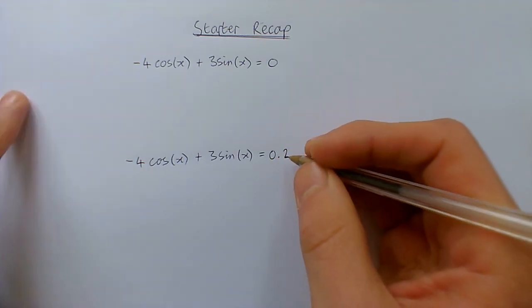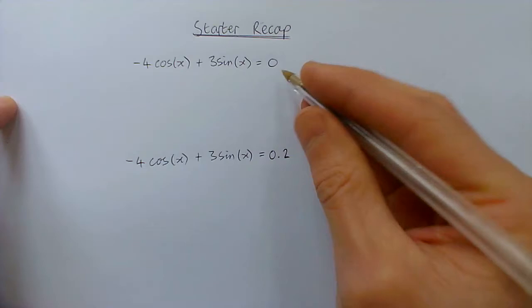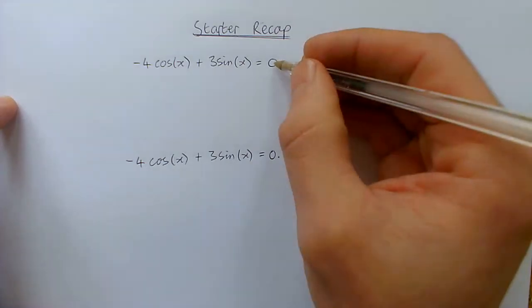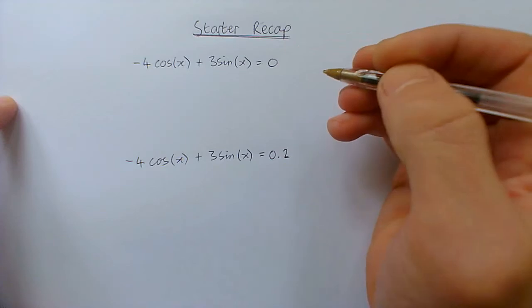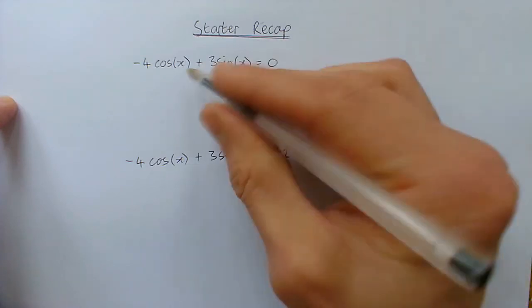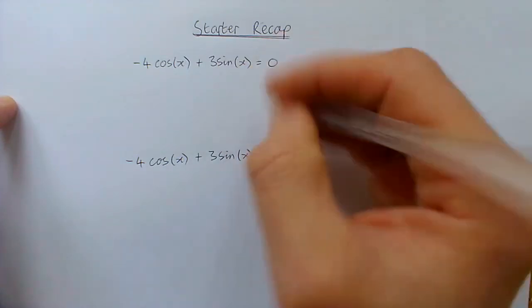Now, we want to see the difference between these two things. The difference, if we just spot the difference, is that this is equal to 0 and this is equal to 0.2. Let's have a go at solving and see why that matters.